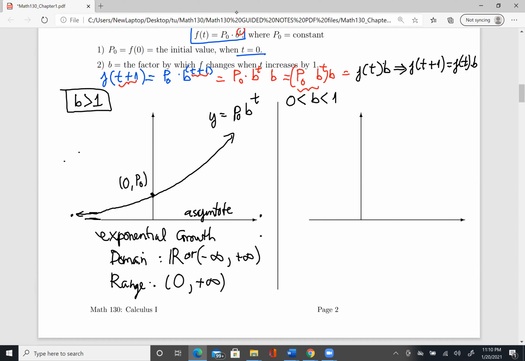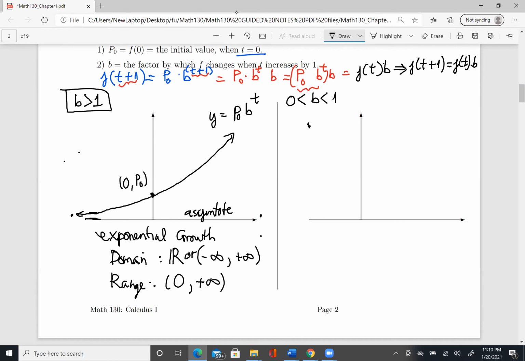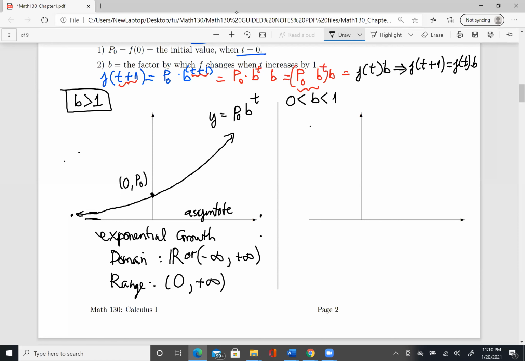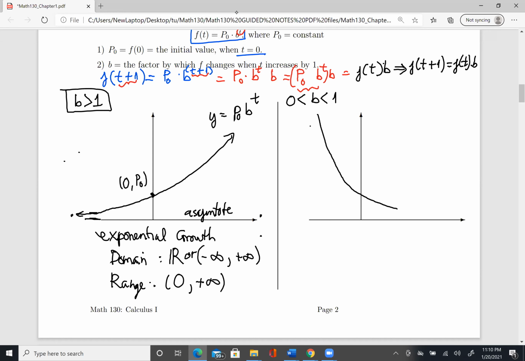So for the case that b is greater than 0 but less than 1, the graph has to be going from the left, from positive infinity, and going down, and let's keep going like that along with the x-axis.